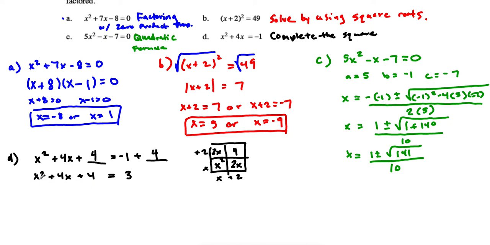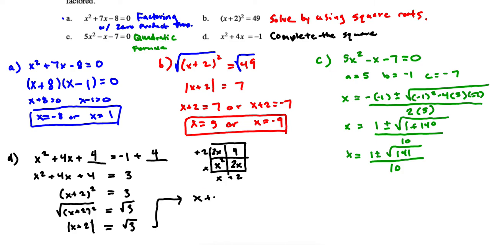The reason we completed the square is so that we could factor it. x plus 2 squared equals 3. Take the square root of each side. I'll get the absolute value of x plus 2 equals radical 3.